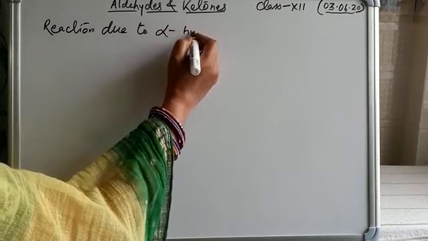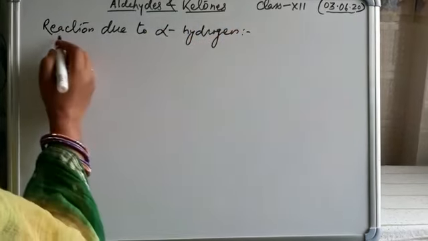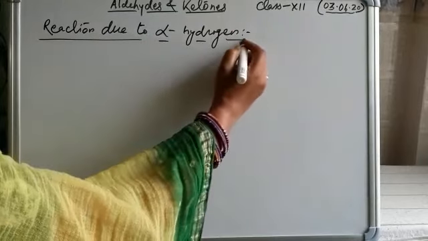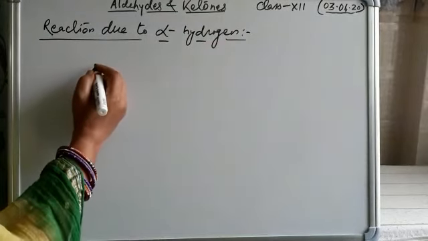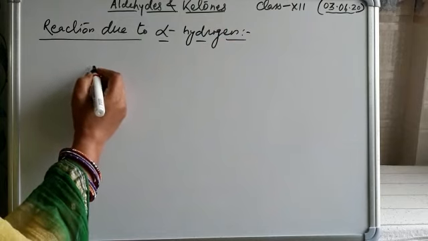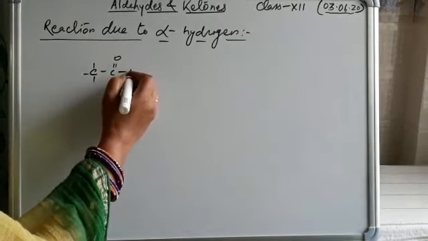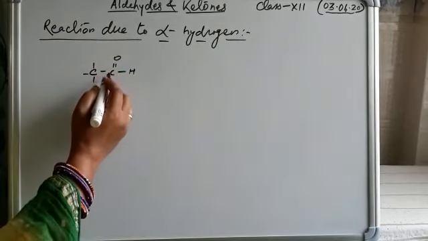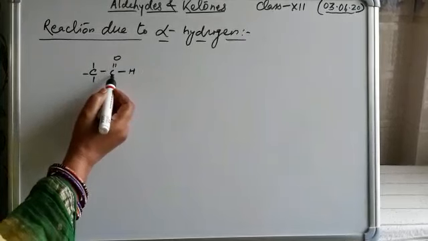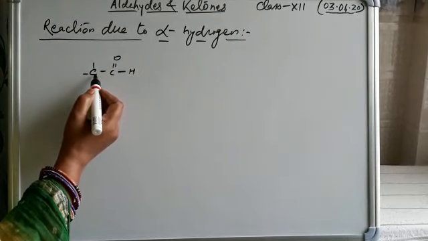Alpha hydrogen. So students, at first you should know about the alpha hydrogen. Suppose this is a compound in which an aldehyde group is present. So the functional group is attached to that carbon.